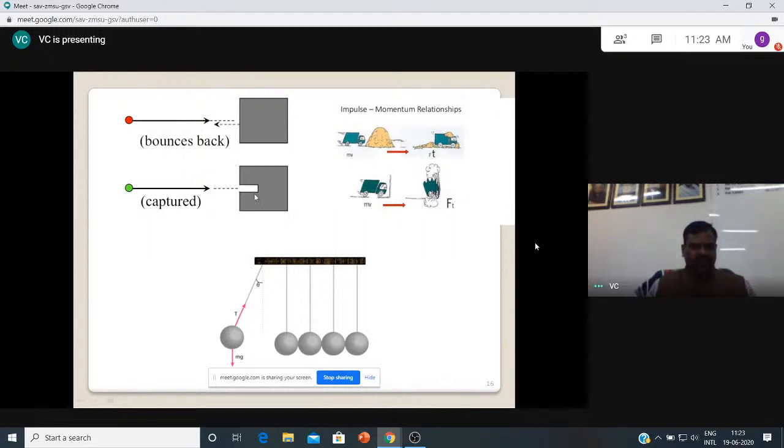Here, when you release the ball, like a simple pendulum arrangement, there are a number of pendulums, one touching the other. If you raise one to some level and release your hand, then the impact takes place.